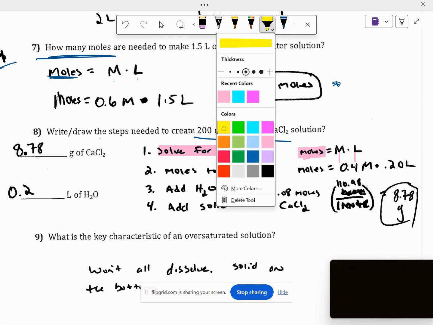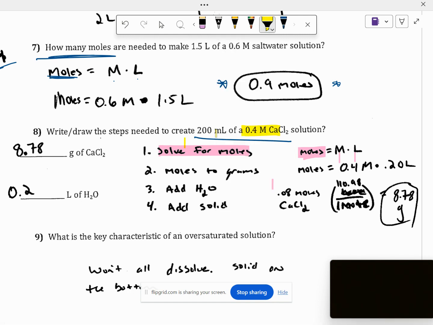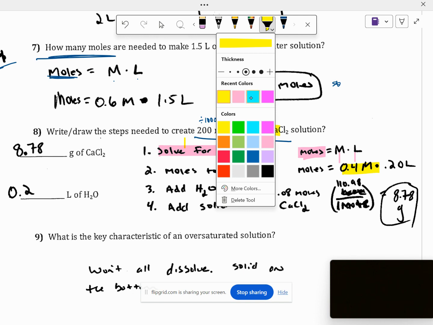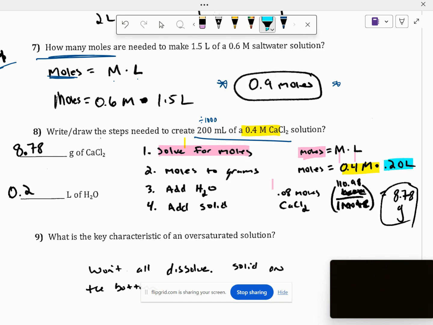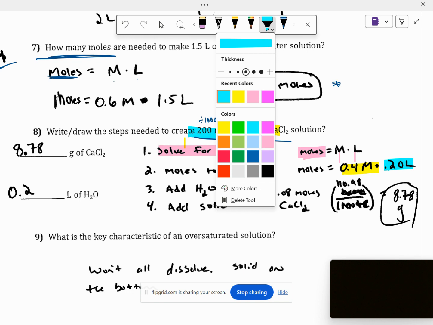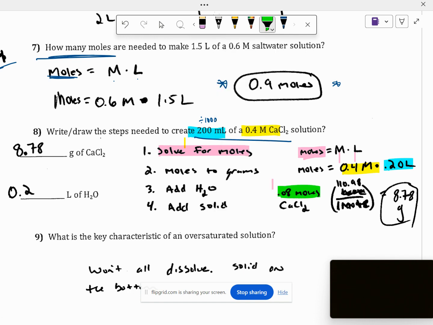So if I have 0.4 molar, and 200 milliliters is 0.2 liters. Remember, to get that, you just divide by 1,000. You've got to get it to liters, right? And that leaves us with 0.08 moles.